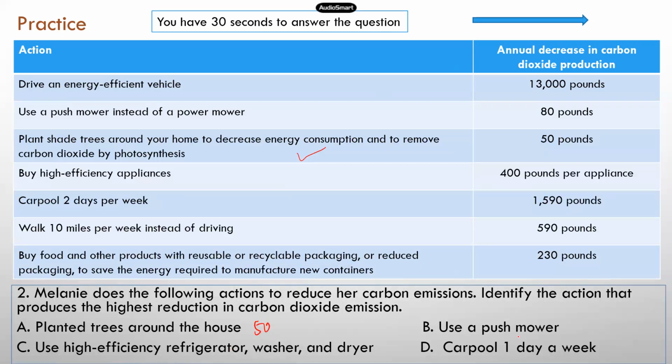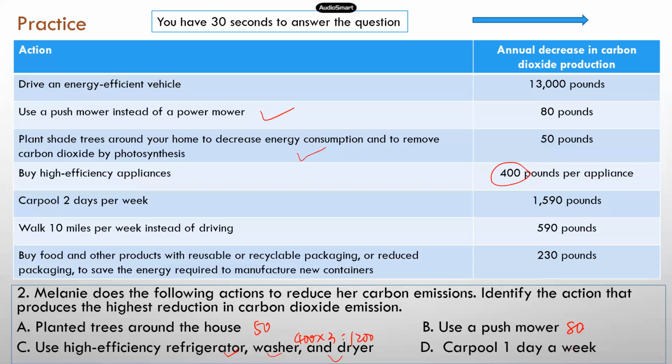B, use a push mower. That's the second one, so that's about 80 pounds. C, use high efficiency refrigerator, washer, and dryer. So that's 3 appliances, right? So you need to multiply this number by 3. So 400 times 3, that's going to be 1,200 pounds annually.